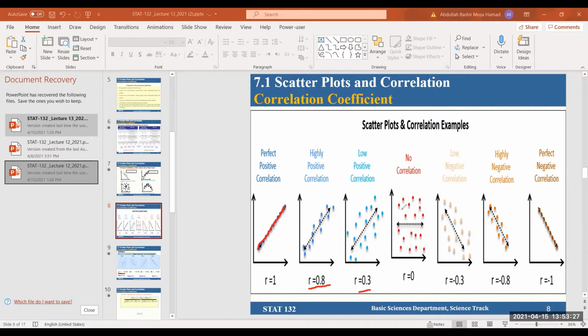This is no relation, R is 0. Here is also a weak and negative relation, it's minus 0.3. Here is a strong and negative relation, so it is minus 0.8. This is a perfect negative relation. Actually, this is a linear line.